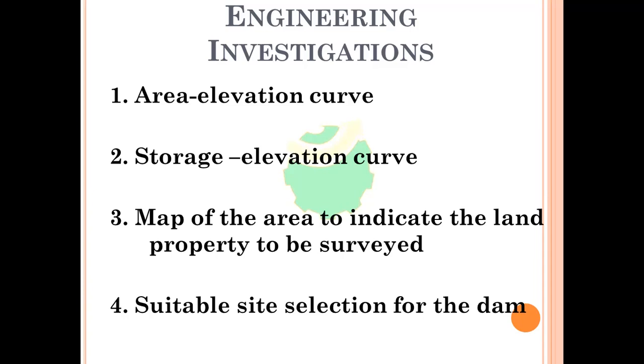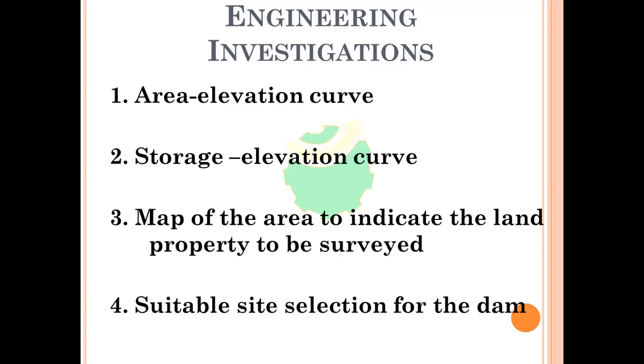Similarly, the storage elevation curve also. Next, land property. So how much land is utilized for the reservoir and where the dam should be placed. Depending on the contour lines, we decide the area of the reservoir and the dam. Next, suitable site selection for the dam.